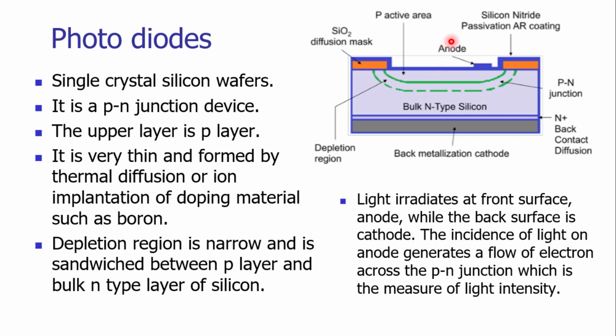The photons which are incident on the anode will get absorbed in the PN junction layer, and then there is a flow of electrons across the PN junction. Due to this flow of electrons, there is a generation of electric current, and that is the measure of the incident light energy.